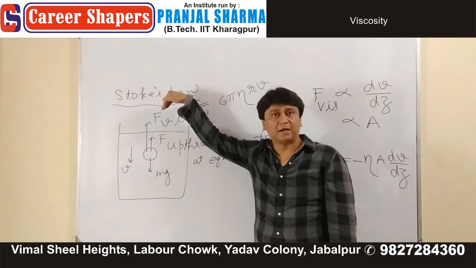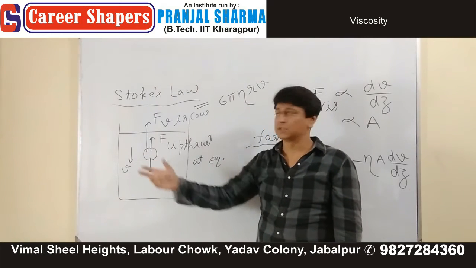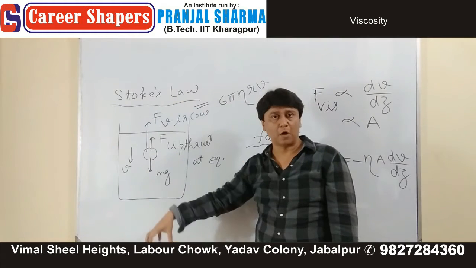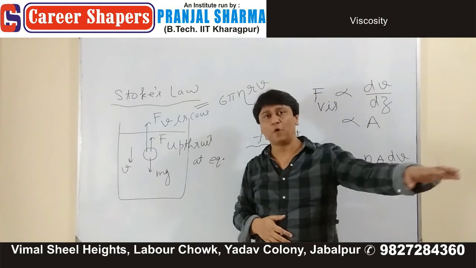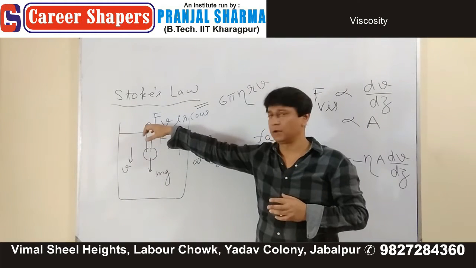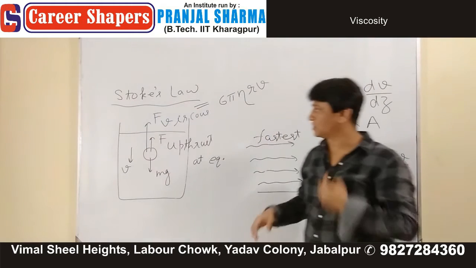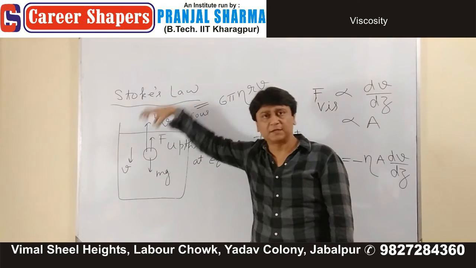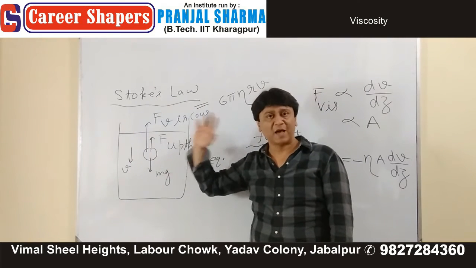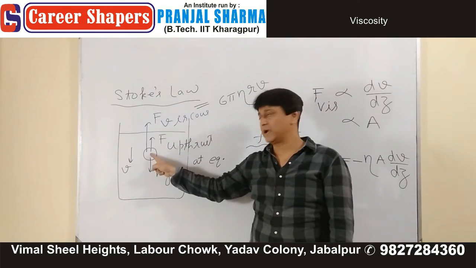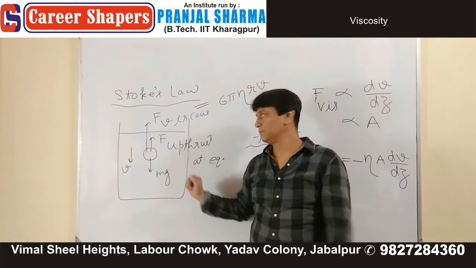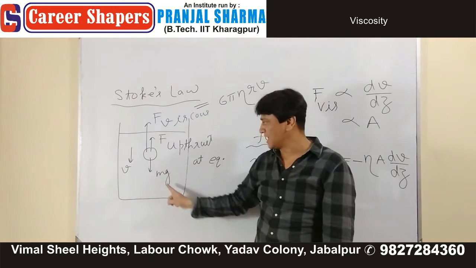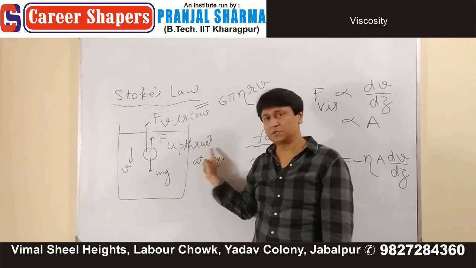If object is coming down, then it's obvious that it's denser than water. Then only it will come down. Otherwise, it will simply float. And if it is only floating, there is no effect of viscosity. So when you release it and it starts coming down, then it is very much clear that object is denser than water. If it is denser than water, it starts coming down because mg is greater than the upthrust.